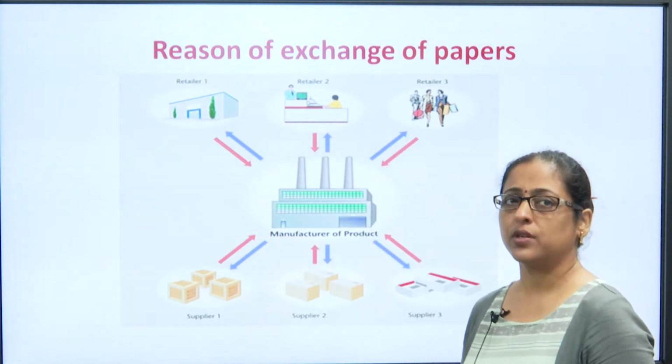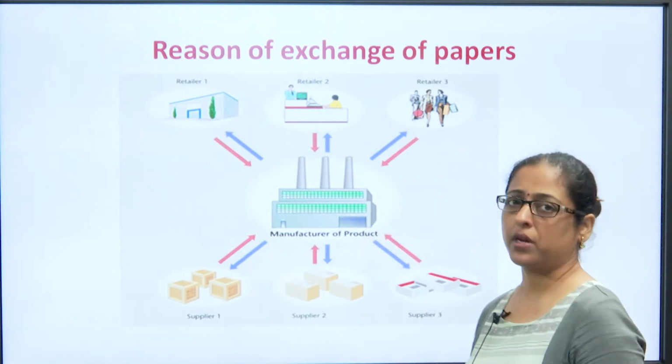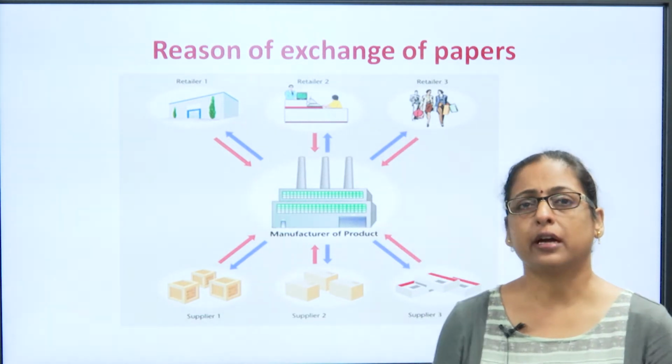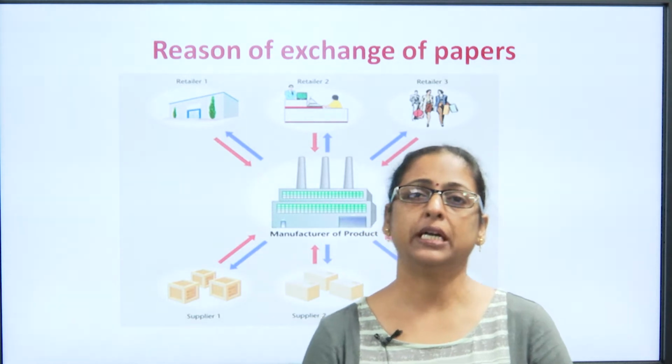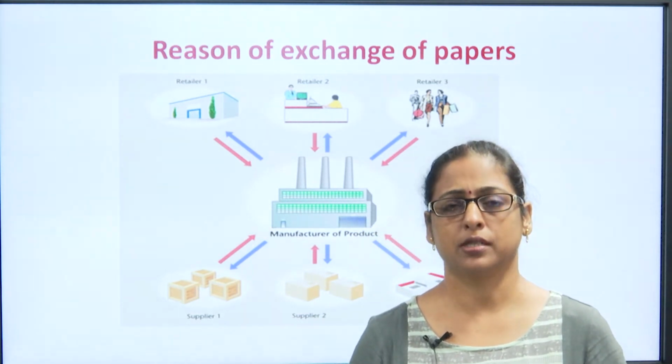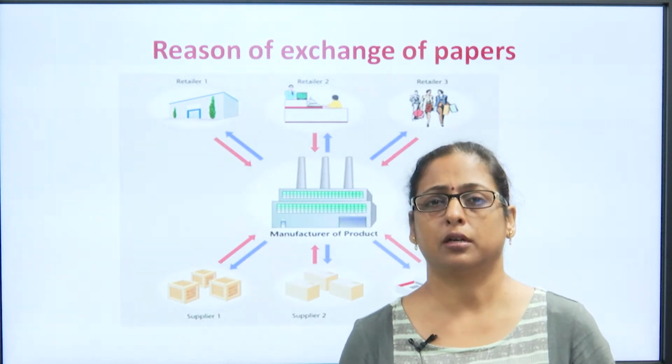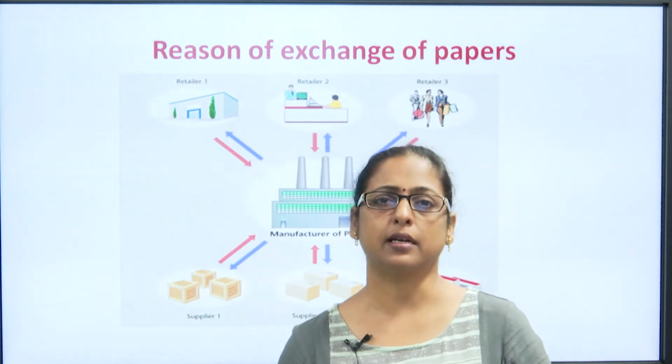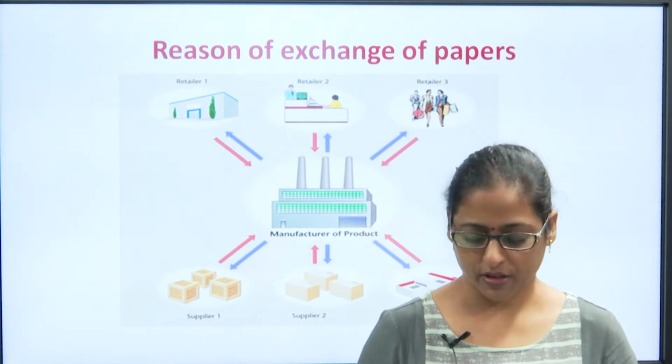So, these are the various reasons why exchange of paper is required. That means there are different kinds of papers which provide different kinds of information, and only after access to that information are certain permissions and certain transits allowed. So, this is the reason for the exchange of paper.